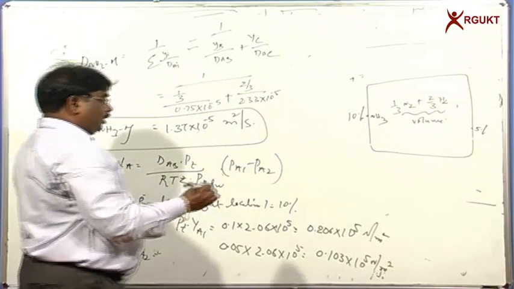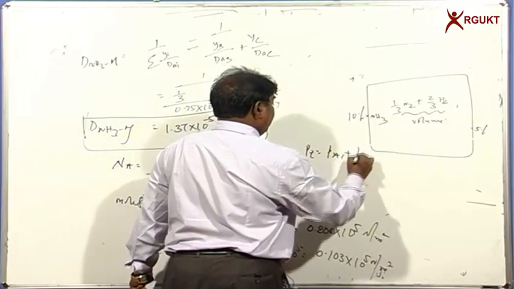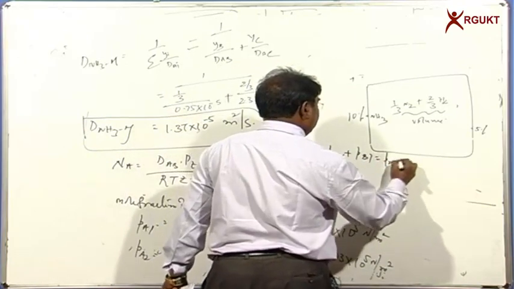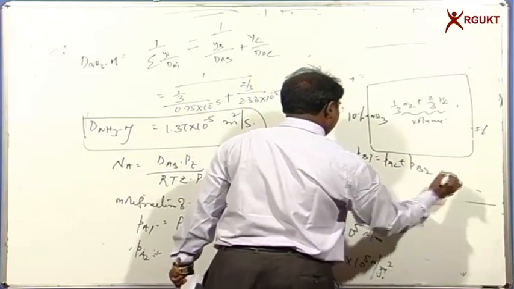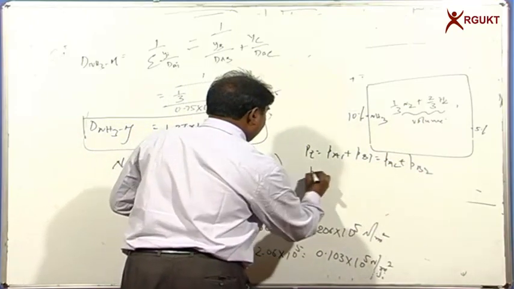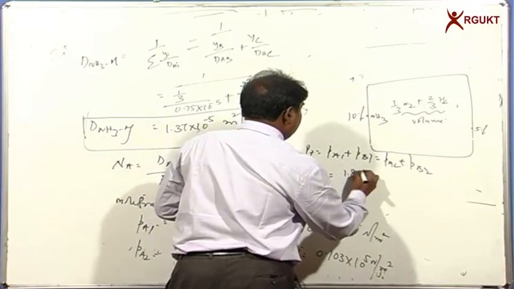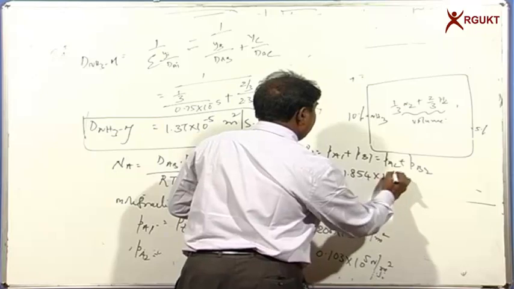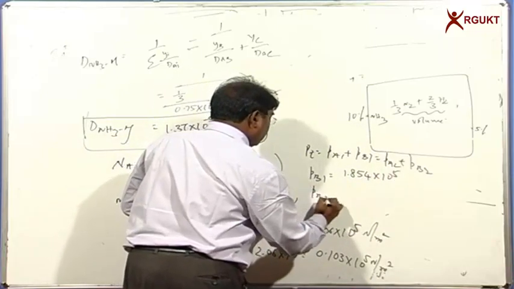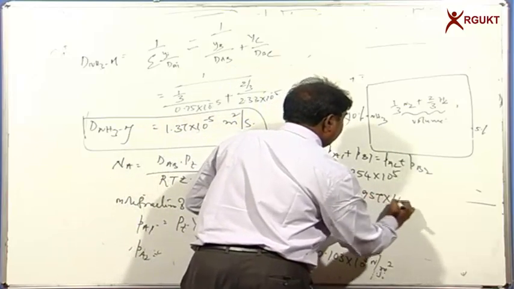Then we have P_T is equal to P_A1 plus P_B1, that is equal to P_A2 plus P_B2. So P_B1 is equal to 1.854 into 10 power 5, P_B2 is equal to 1.957 into 10 power 5.